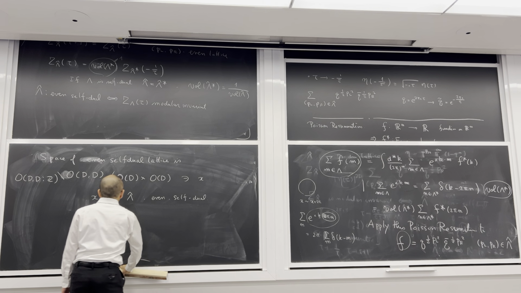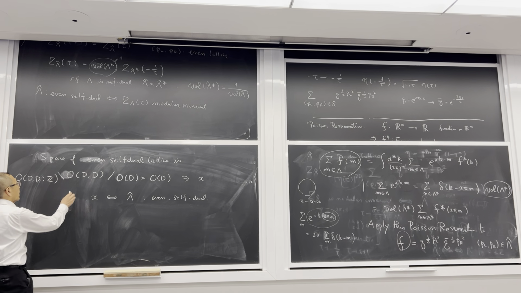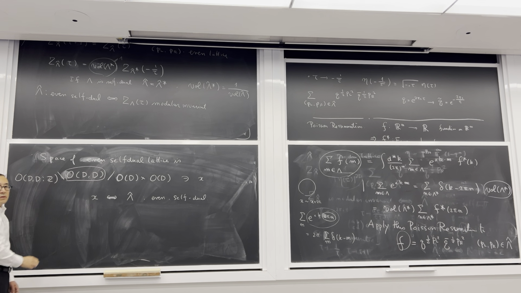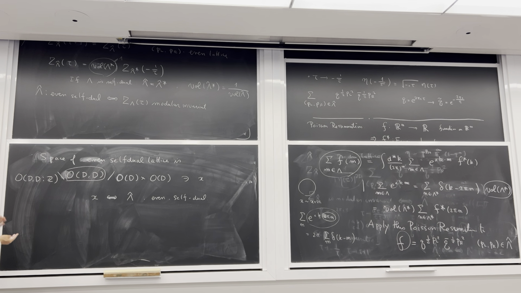And the way to see that is that if you have such a self-dual lattice, then you can perform this SO(D,D) rotation and obtain another self-dual lattice. So if you have a self-dual lattice, then you have 2D-dimensional lattice vectors, and you can perform an SO(D,D) rotation. This preserves the metric, so it preserves this even self-dual property.